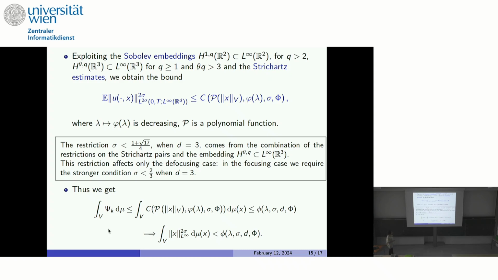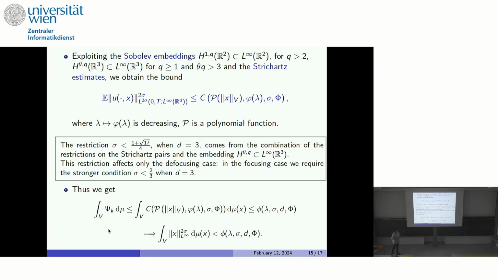So in dimension 2, we work with the space H^{1,q}, for a suitable q greater than 2, and in dimension 3, we work with the Sobolev space H^{theta,q}, where theta q has to be greater than 3. And so we prove that our solution belongs to these Sobolev spaces.